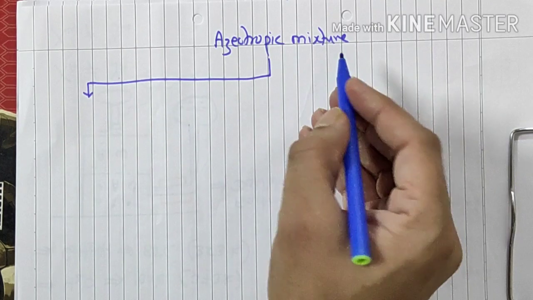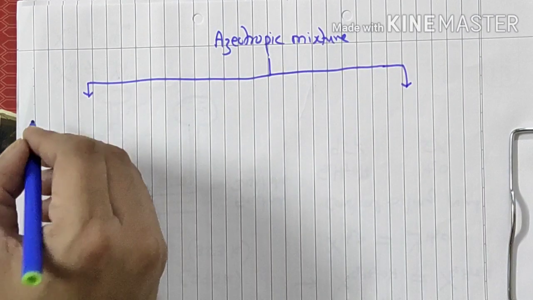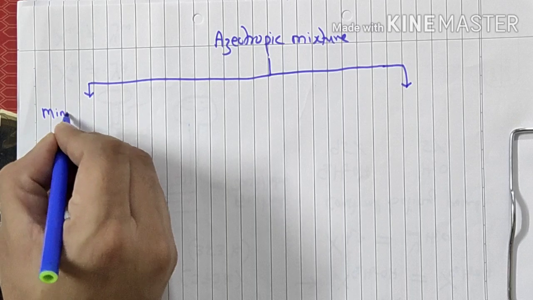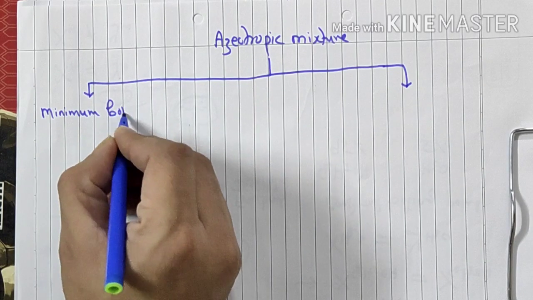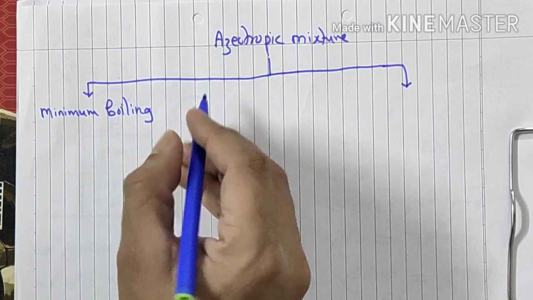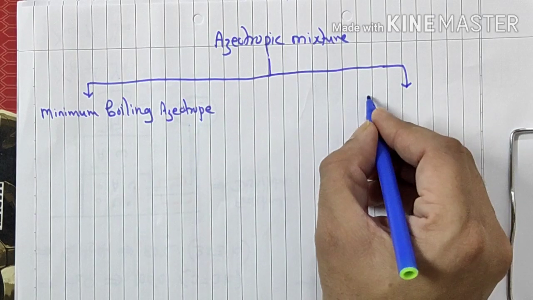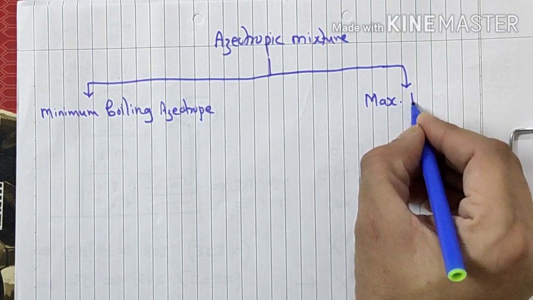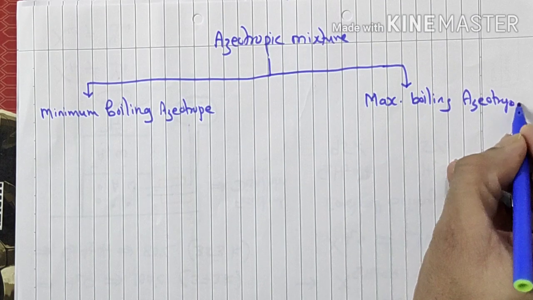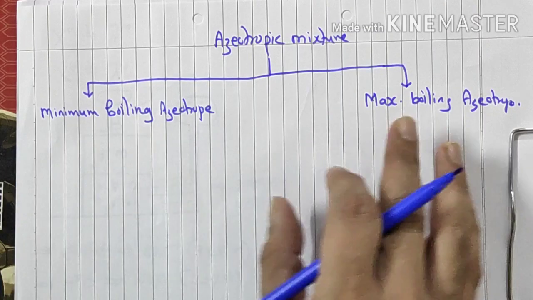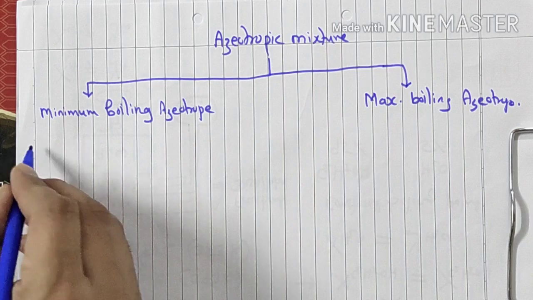One is called minimum boiling azeotrope, and the other one will be maximum boiling azeotrope. Right, एक minimum boiling azeotrope और एक maximum boiling azeotrope. Right. Now we'll understand with example.